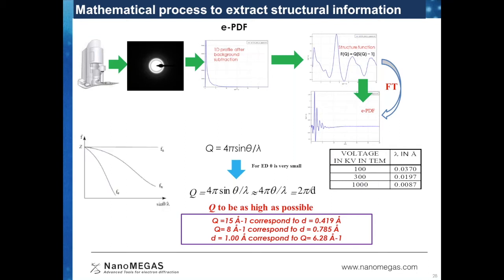Another important thing is that the electron scattering factor drops much faster than the X-ray. So in most cases, using electron diffraction, one can get a Qmax of 10 to 23 inverse Angstrom quite routinely. So TEM is ideal for calculating the pair distribution function.